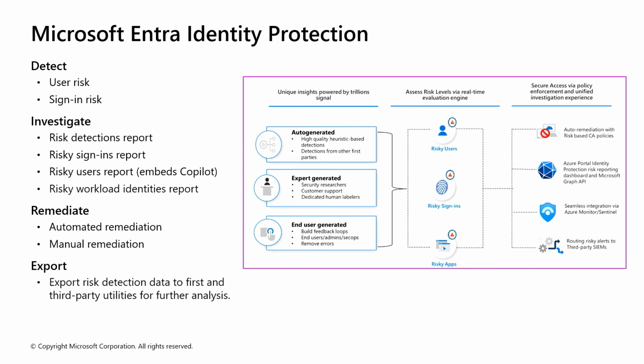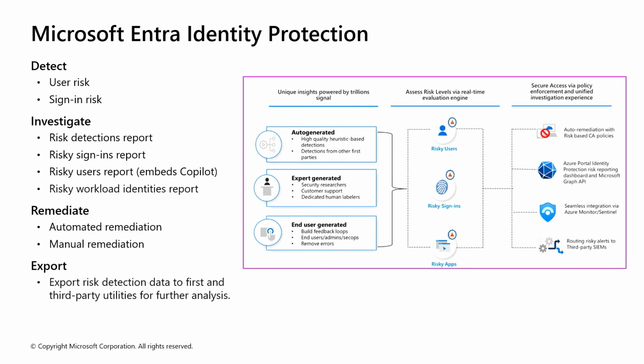After securing privileged access with PIM, we need to think about how to identify and respond to identity risk in real time. Microsoft Entra Identity Protection helps organizations detect, investigate, and remediate identity-based risks for both users and workload identities. It continuously analyzes trillions of signals to spot suspicious activity, such as risky sign-ins or leaked credentials.